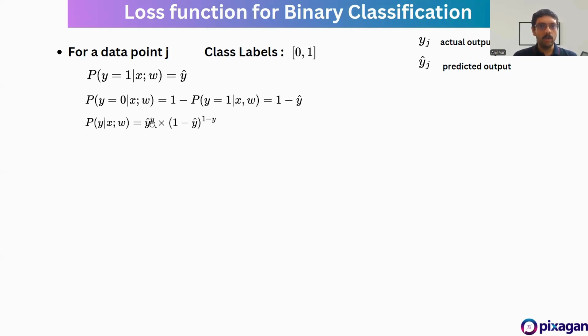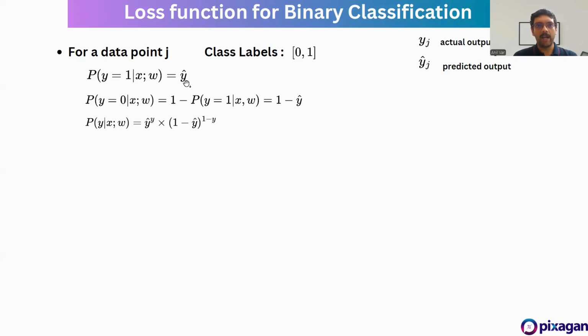Because y can either be 0 or 1. When y is 0, y hat to the power of 0 becomes 1, since anything to the power of 0 is 1. And we're left with 1 minus y hat, because 1 minus 0 is 1, so 1 minus y hat is this.